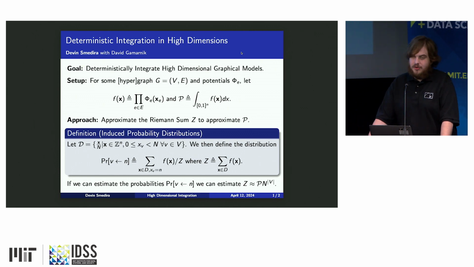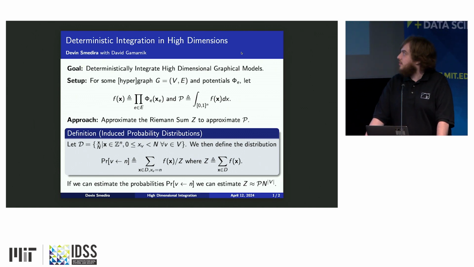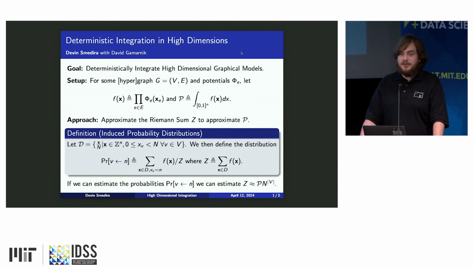Our basic approach to solving this problem is to approximate the Riemann sum, since it's a discrete object and we have more discrete computation for it, to approximate the value of the integral.